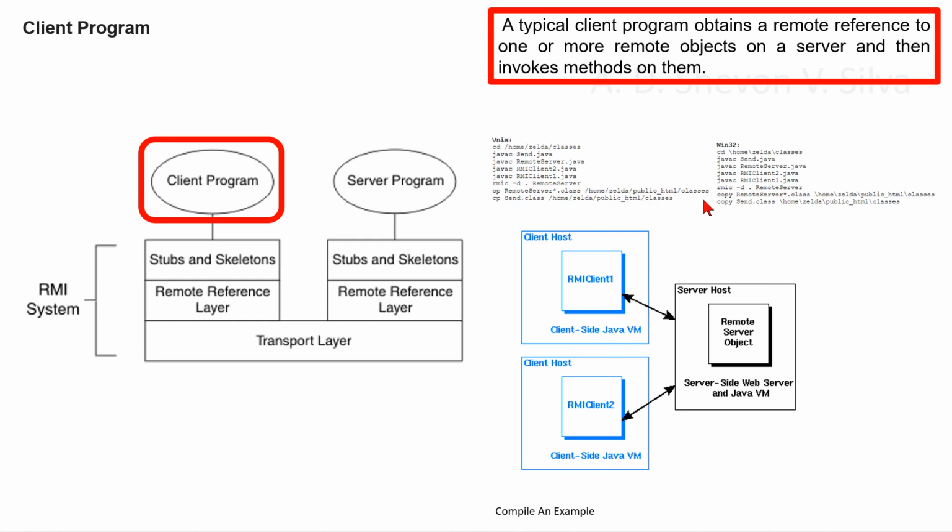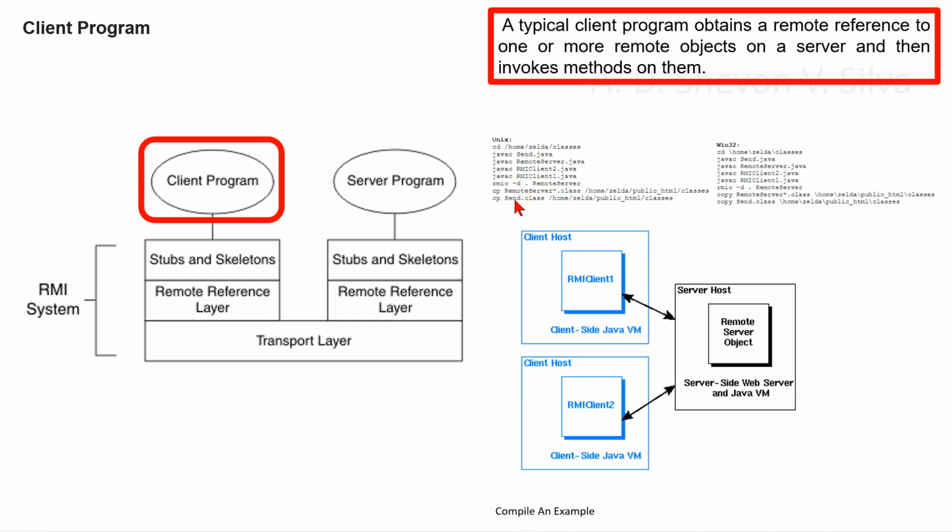The first two javac commands compile the remote server class and the interface. The third javac command compiles the RMI client 2. The last javac command compiles the RMI client 1.